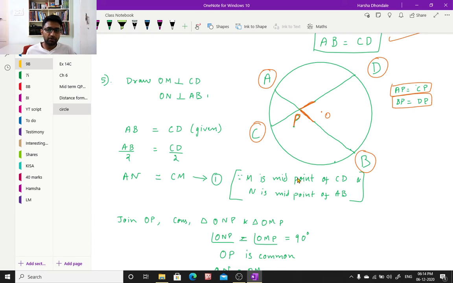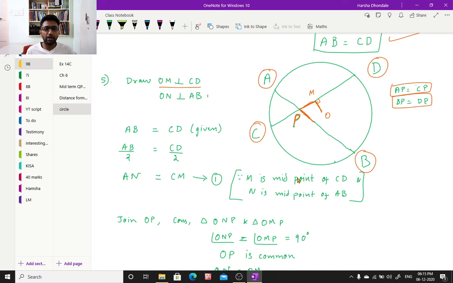So now my first construction will be draw OM perpendicular to CD. I'll call this OM, and it should be perpendicular to CD. Because it is perpendicular, I can show like this, 90 degree. Okay, this part is done.